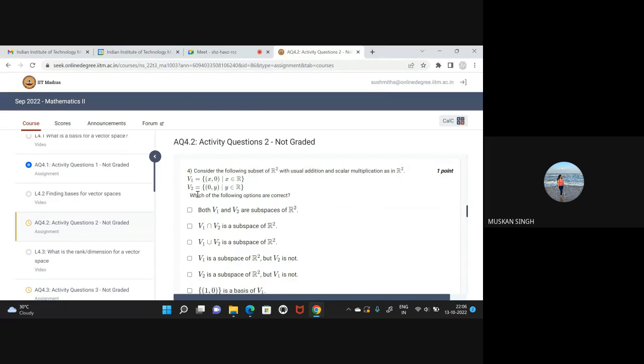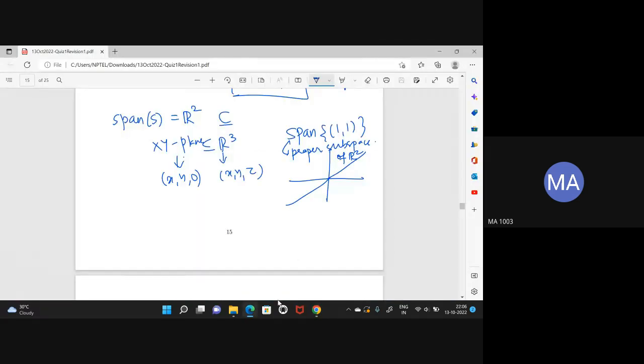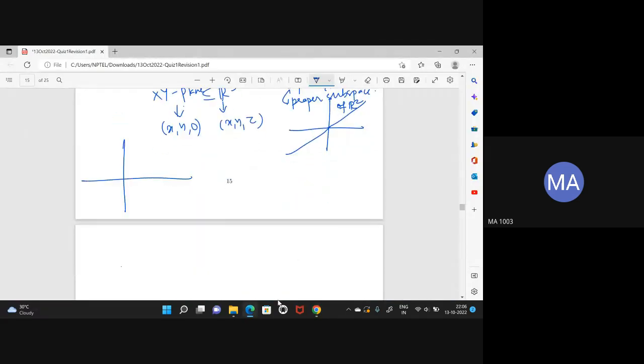V1 is the x-axis, V2 is the y-axis. Option 3, V1 union V2. Why is it not a subspace? Can you explain this? You tell me what conditions you will check for a subspace.